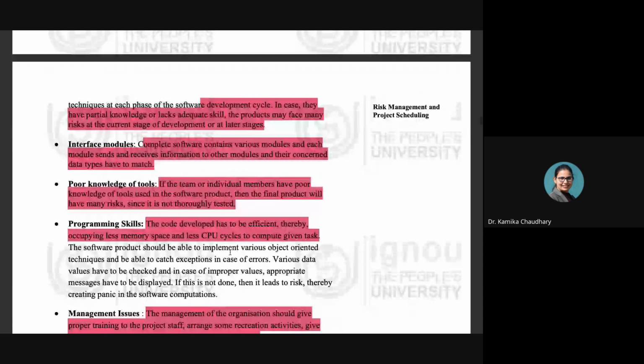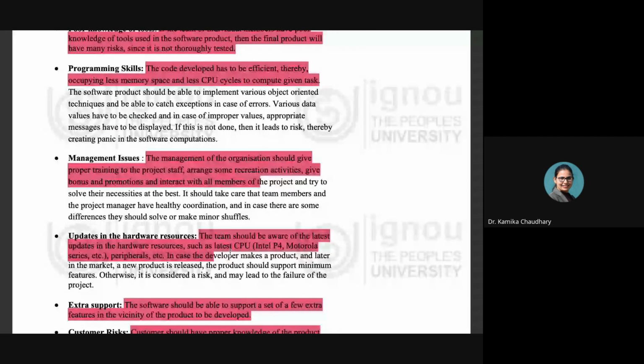Now, the next kind of risk that could occur is because of management issues. Obviously, a number of persons are involved in the development of the project, right? So there is an entire department which is responsible for the management of the project staff. The management should always be focused towards arranging recreational activities for the project staff, for bonuses, for promotion.